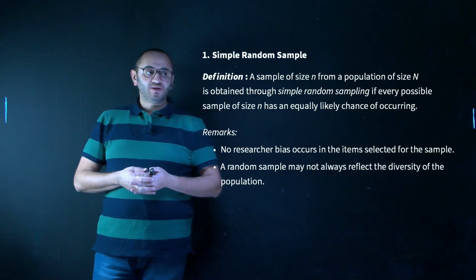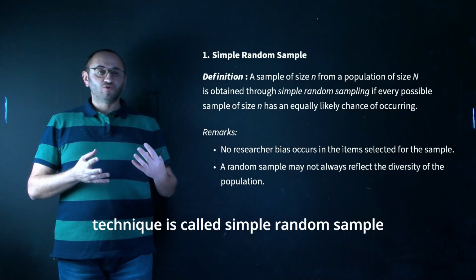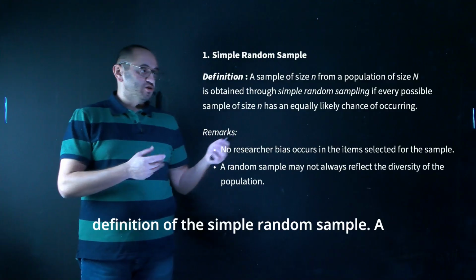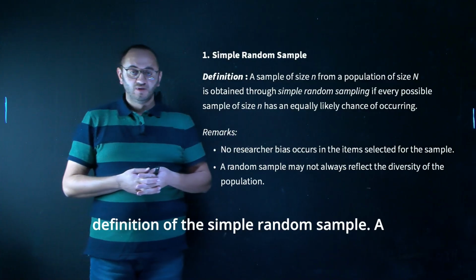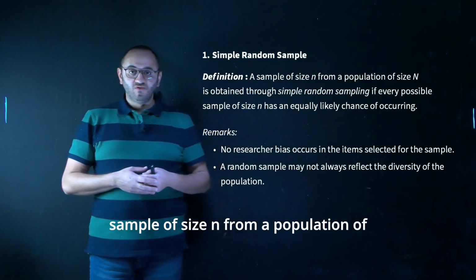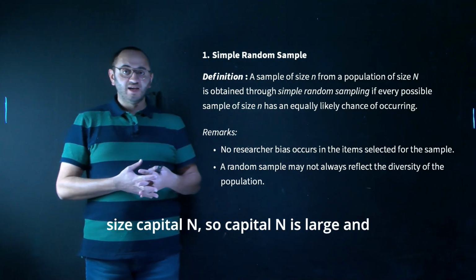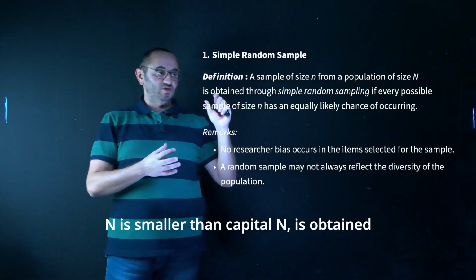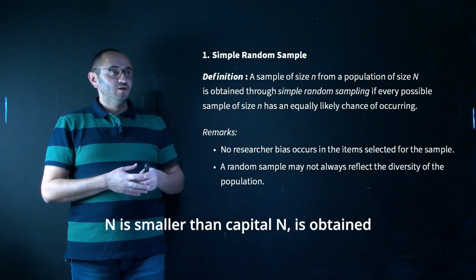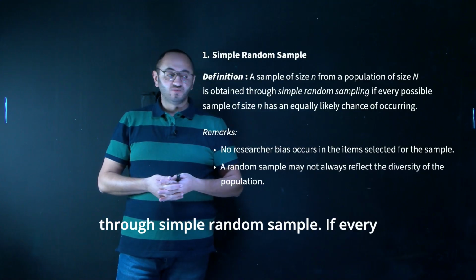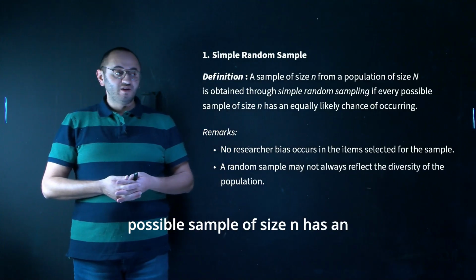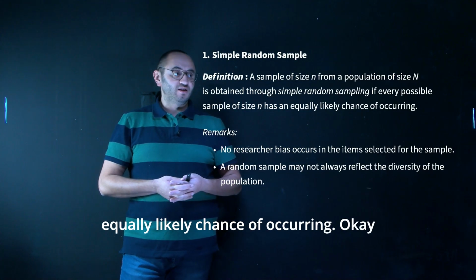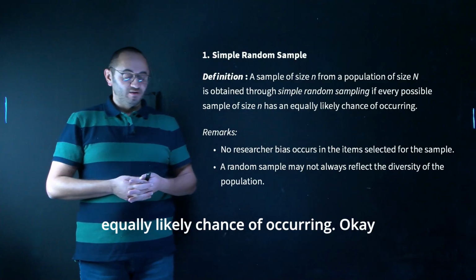The first sampling technique is called simple random sample, or SRS. Let's look at the definition. A sample of size n from a population of size capital N, where capital N is large and n is smaller than capital N, is obtained through simple random sampling if every possible sample of size n has an equally likely chance of occurring.